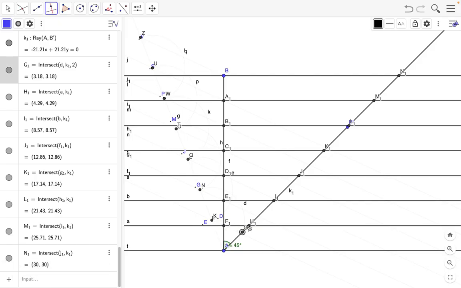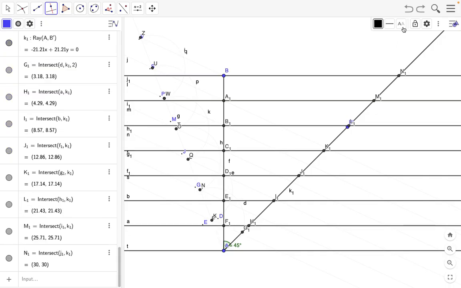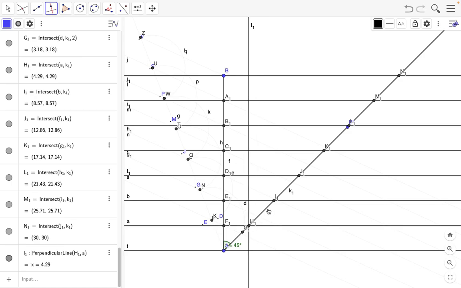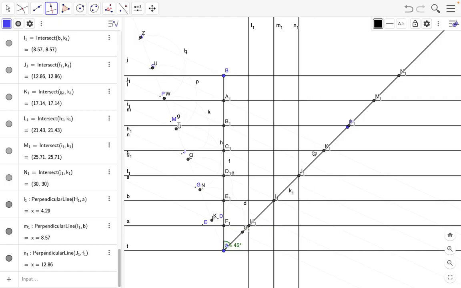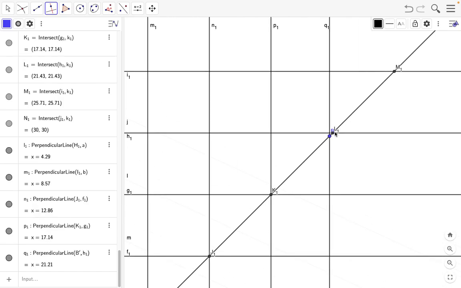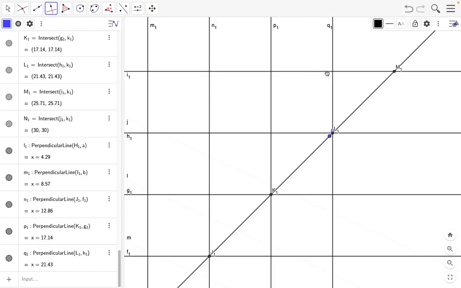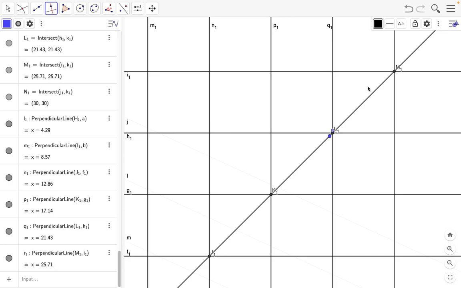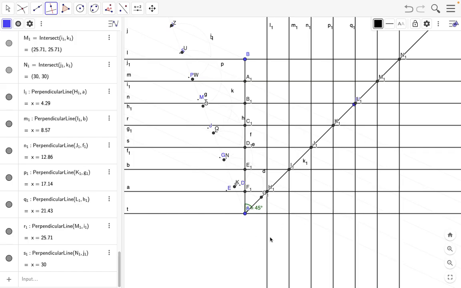Perpendicular on, sorry, so we will draw on this line here, on this line here, on this line perpendicular at that point here, and perpendicular here, and finally perpendicular here. Okay, that is a square grid.